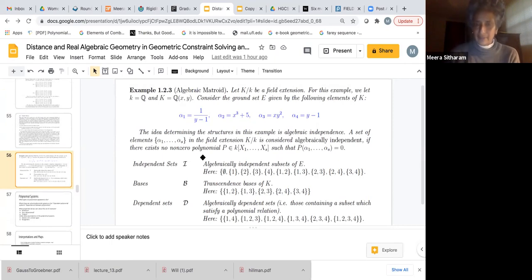So you can define this notion of dependence or independence by going to algebraic independence. This relates to the notion of genericity that we're going to talk about in a bit.